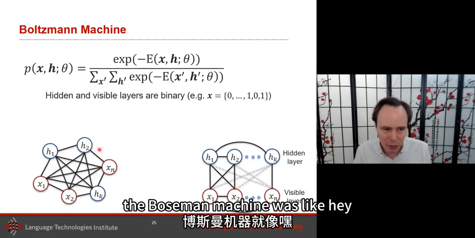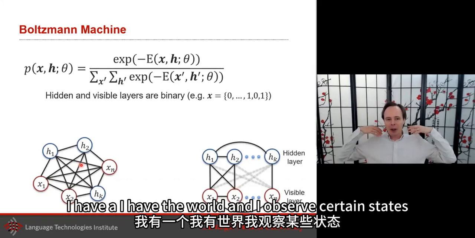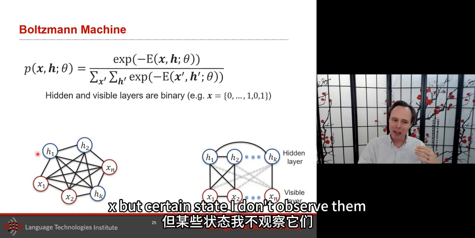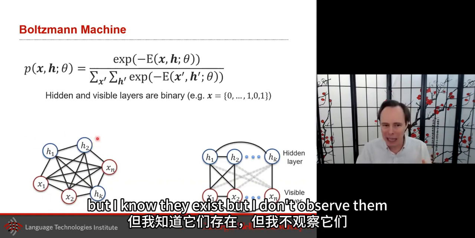The Boltzmann machine was like, hey, I have the world, and I observe certain states, X, but certain states I don't observe, but I know they exist.